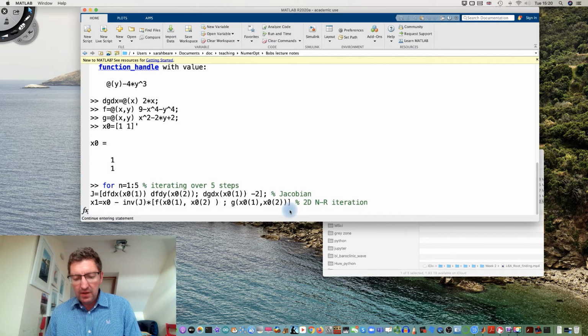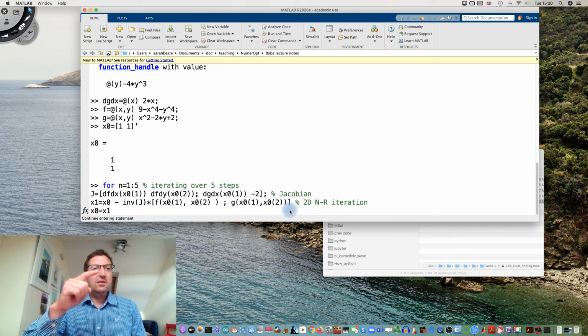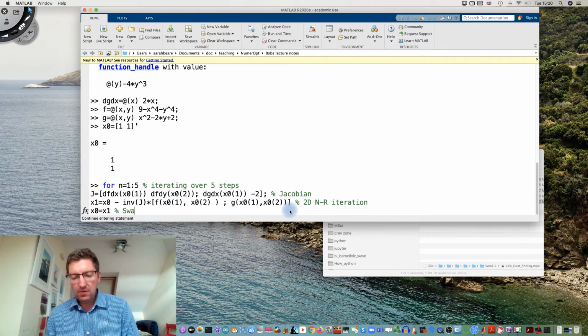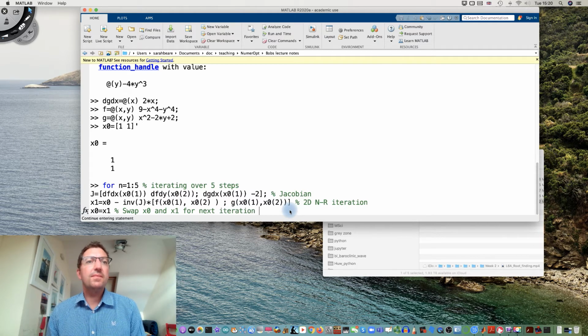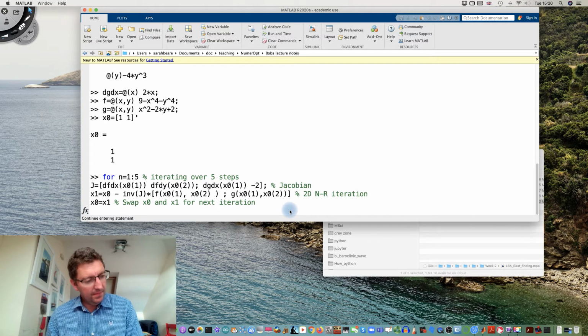And then we do this thing where we swap for the next step. So what was the new value becomes the old value for the next step, x1 for the next iteration. Yep, and that's it. We'll just close off the loop.